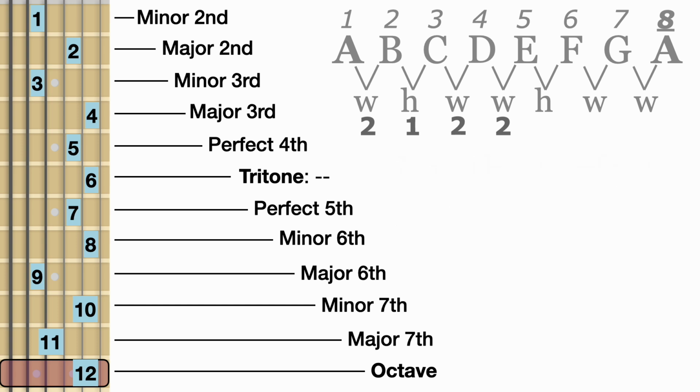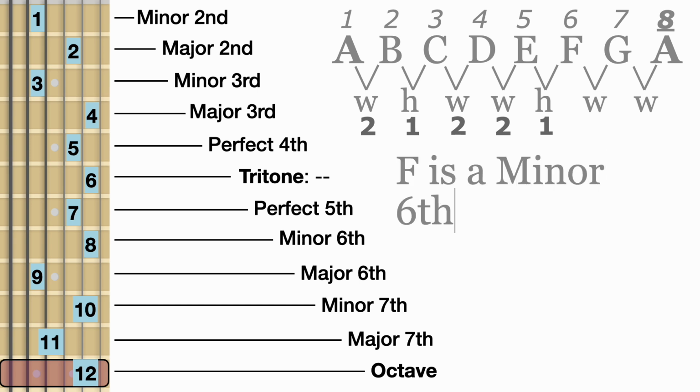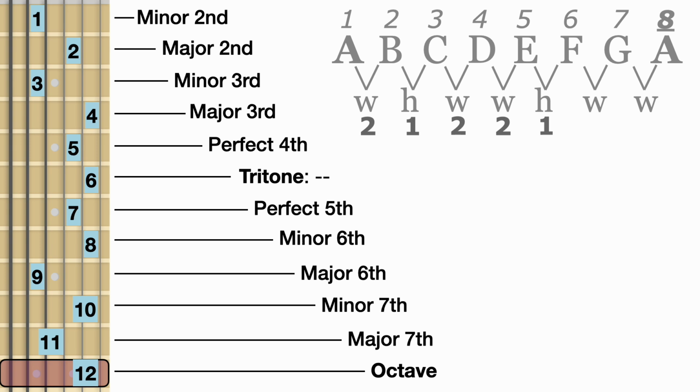Now from E to F, that's just 1 fret up, a semitone. And so now we've moved up, and now we have 8 frets. And so therefore, F is the minor sixth. And that's it. We'll finish it off going, well, 1 more, to G, we have 2 more frets. And so here we have 10.